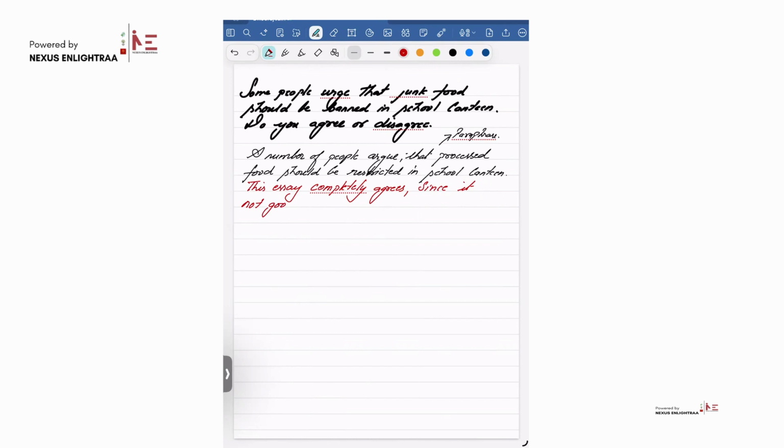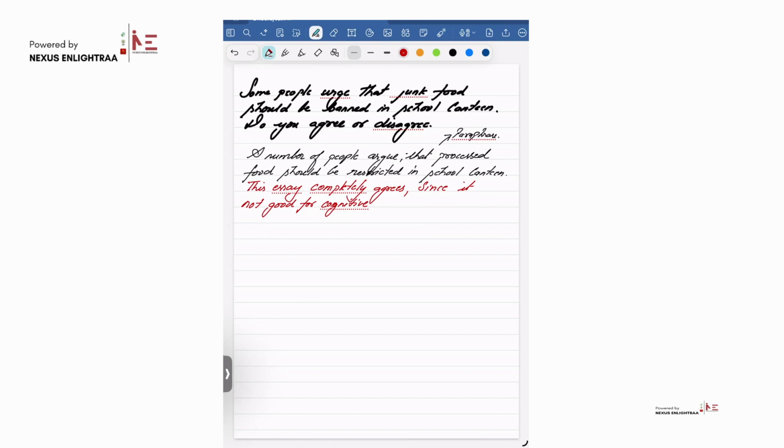Can we say that avoiding junk food can increase concentration for students? No, no, you're making your life difficult. Keep this simple.